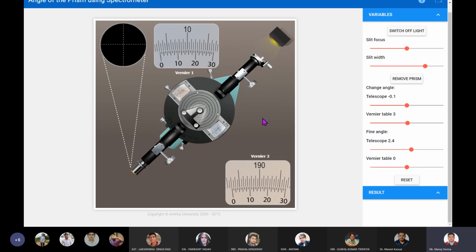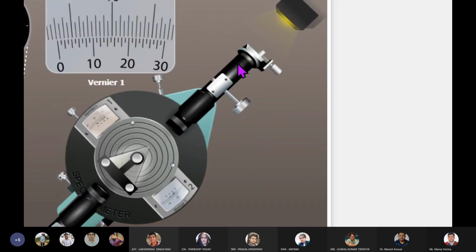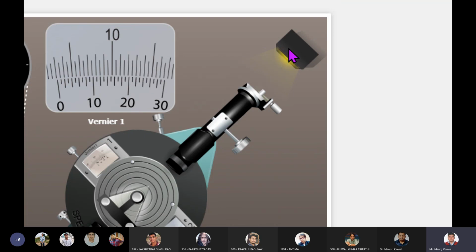Okay, if I zoom it, you can see. So tell me, yes, this light ray will travel through this collimator and fall onto both surfaces, because this is a parallel wavefront.